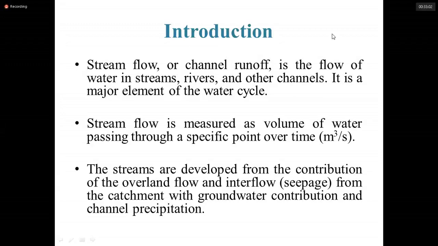So this stream flow is important. At a time, how much water flows through the stream is important to calculate how much water they can distribute to the people at a particular time. For this planning purpose, the stream flow is important.